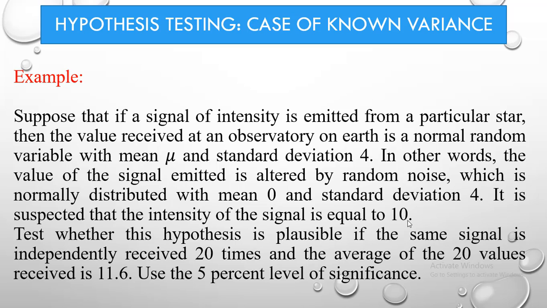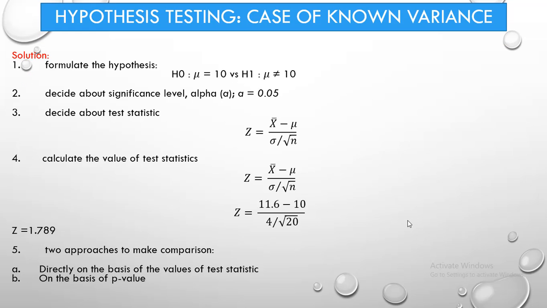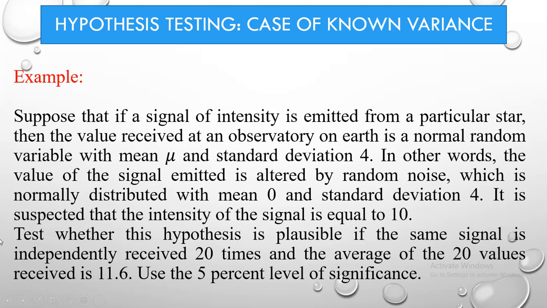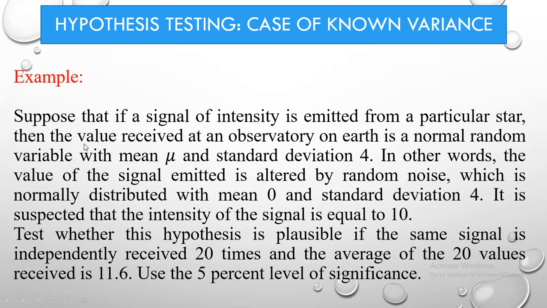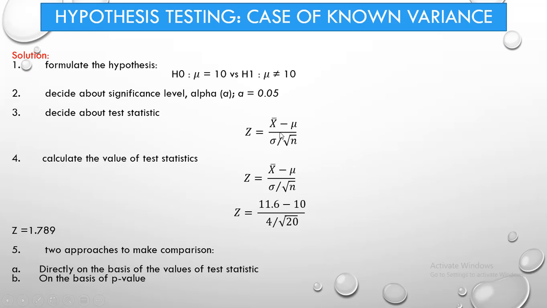So when you define your null hypothesis, the alternative hypothesis is the opposite, that is, not equal to 10. It is mentioned in the example to use the 5% level of significance, so that is your alpha level, 0.05. And now you know that this is normally distributed with a known standard deviation, so you can use z as the test statistic.